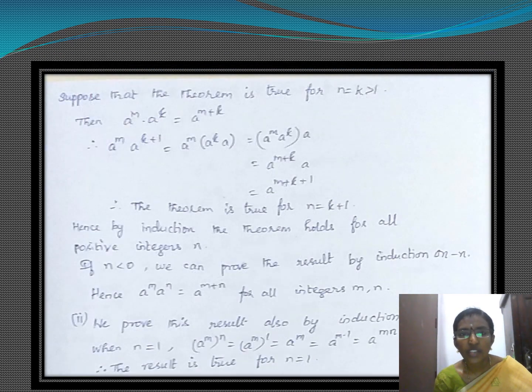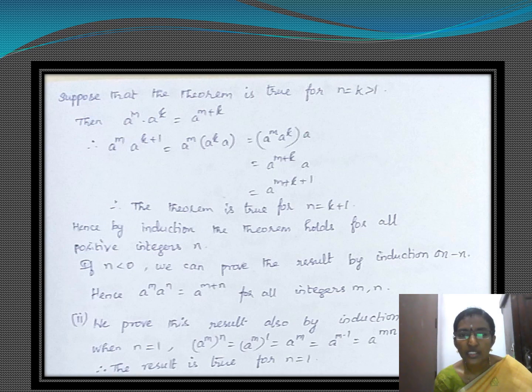By induction, we are assuming that the theorem is true for n equal to k. Now we are going to prove this for n equal to k plus 1. Since the theorem is true for n equal to k, a^m into a^k can be written as a^(m+k). Then a^m into a^(k+1) can be written as a^m, a^k into a, equal to, by associative property, (a^m a^k) into a.